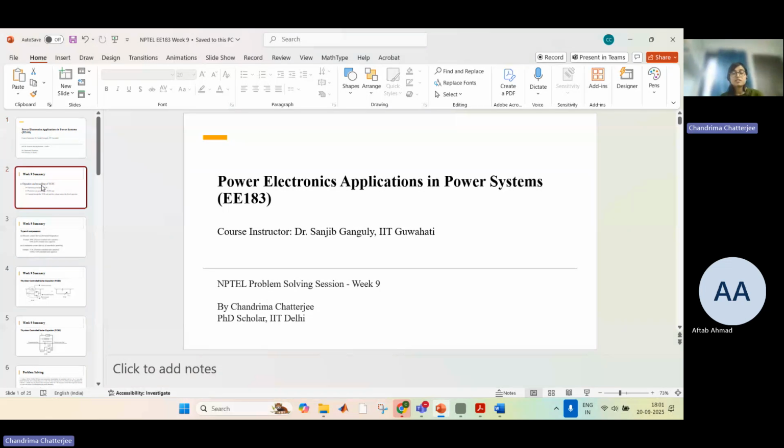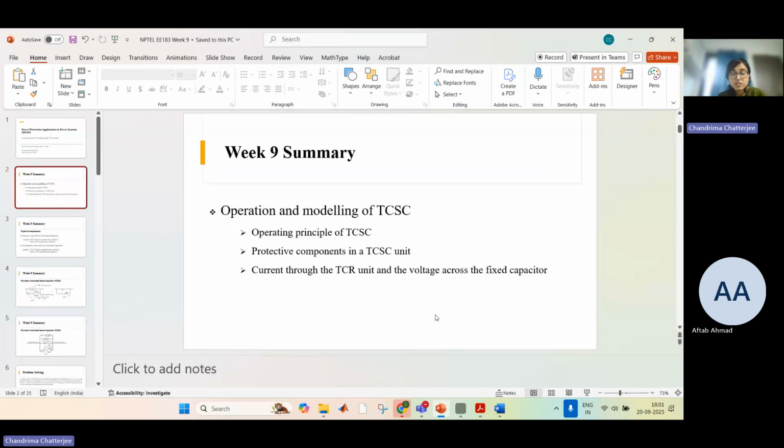In the last discussion, we talked about the static var compensator. To be more specific, we talked about the role of SVC in damping the power system oscillations. And based on the discussions, we solved some numerical problems.